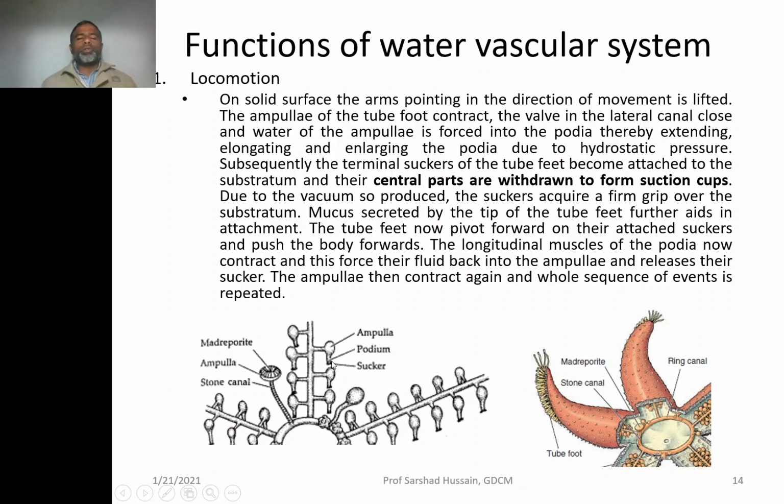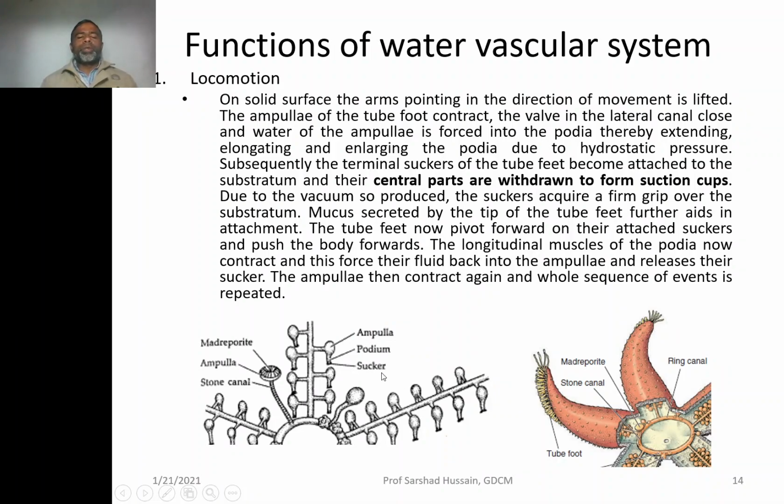Always remember that a cup-like structure has a very good suction force inside it. Because it forms a suction cup, it attaches firmly to the substratum, and then these fixed tube feet drag the whole body of the echinoderm in the direction of movement.